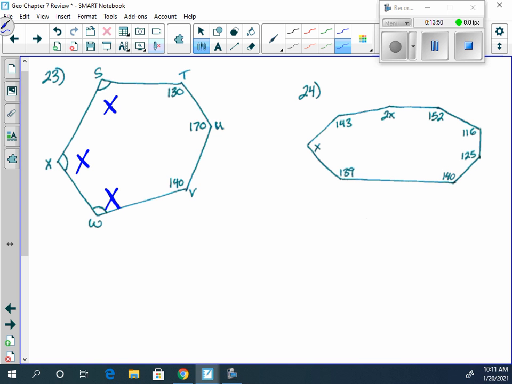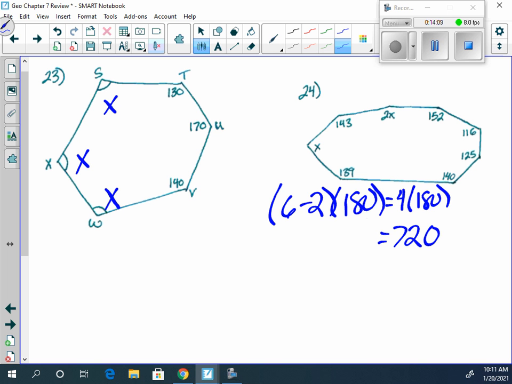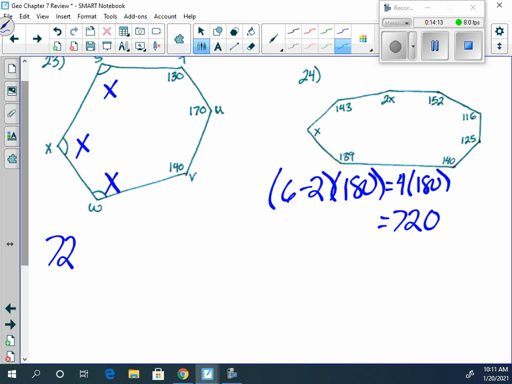So these are going to be our missing angles, because otherwise there wouldn't be anything to solve. Now because it has 6 sides, we can say 6 minus 2 times 180, which would be 4 times 180, which gives us 720. So it means all these angles add up to be 720.